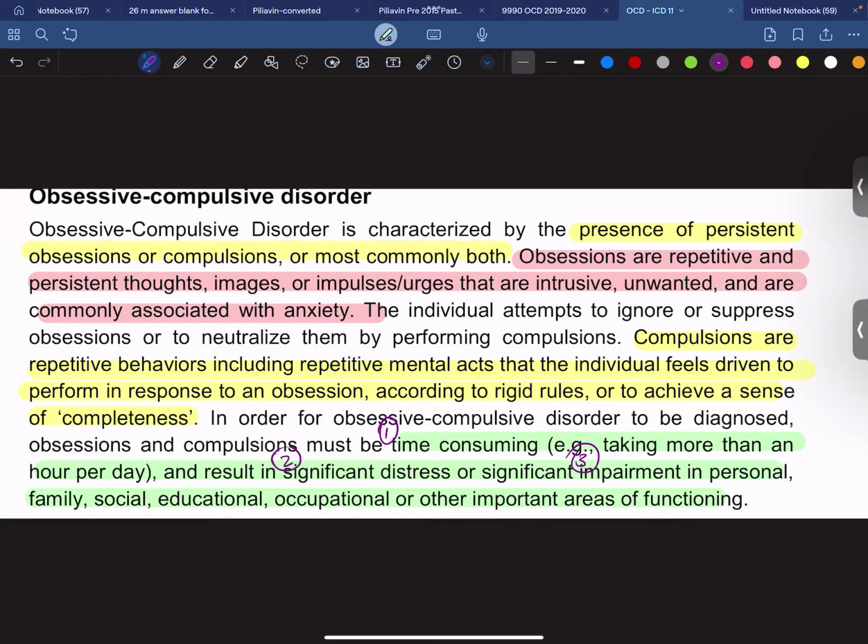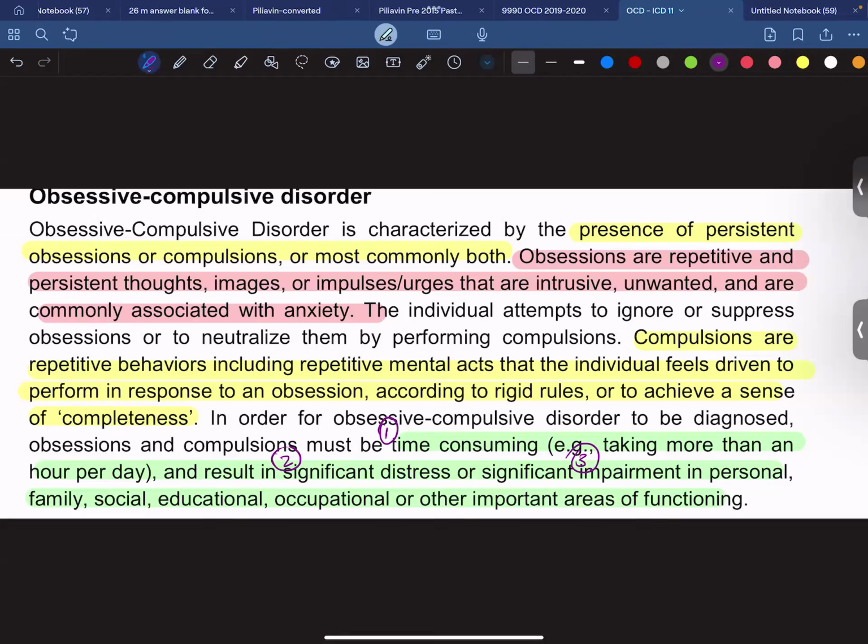When we use the word obsession over here, obsession refers to the persistent, disturbing, distracting, demeaning, discomforting, intrusive, unwanted thoughts, right? The word obsession has to do with thoughts.